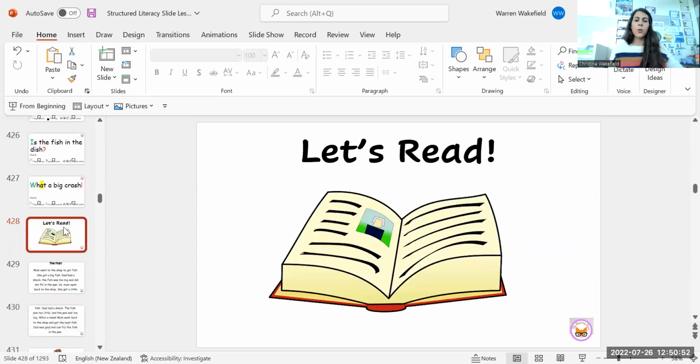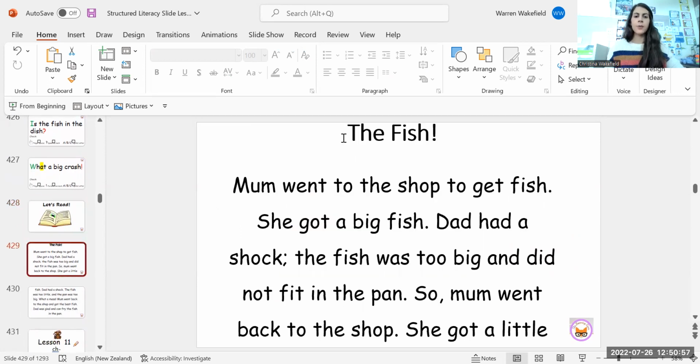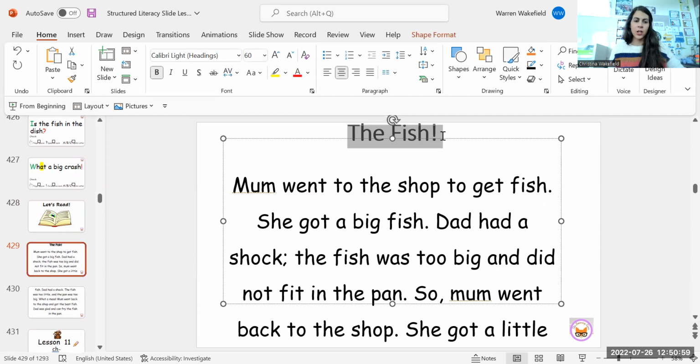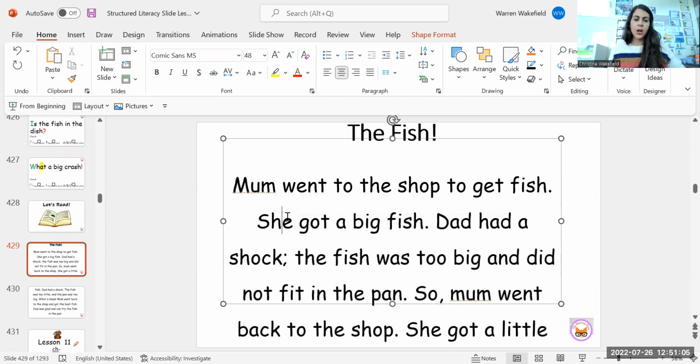And now we're going to do a quick let's read together. Okay, let's read together. The fish. Mum went to the shop to get fish. She got a big fish. Dad had a shock. The fish was too big and did not fit in the pan. So Mum went back to the shop.